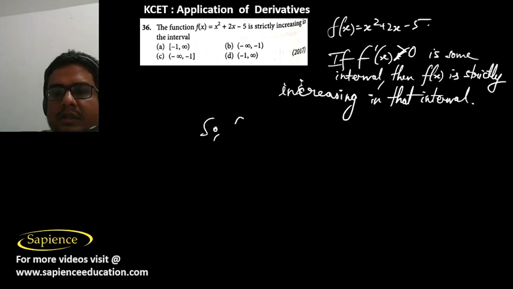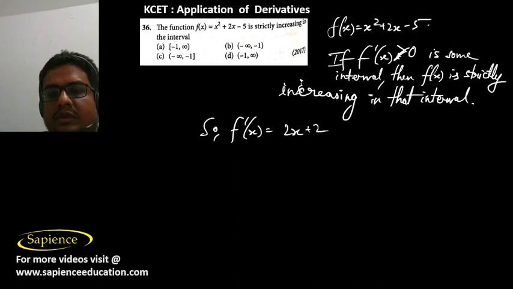So f dash x will be equal to 2x plus 2, that should be greater than 0, so 2x should be greater than minus 2, so x should be greater than minus 1.